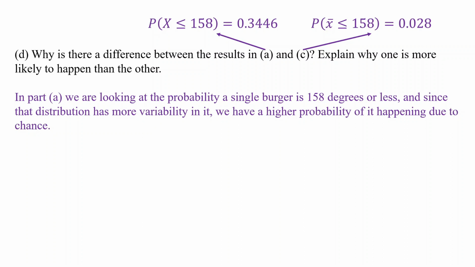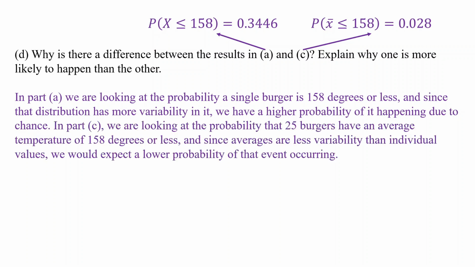It goes back to what I was saying earlier in the video, in that single values are more variable than average values. So that's why having a single burger that's 158 or less is more likely to occur because of the sampling variability that we've been going over.